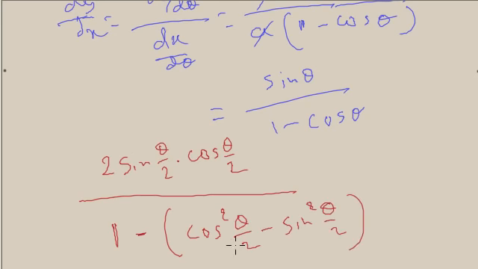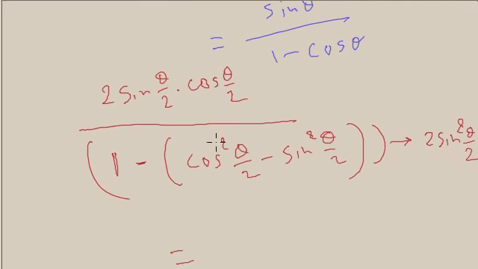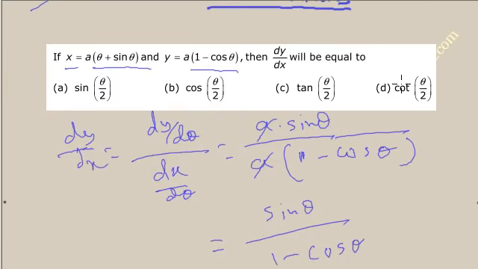So 1 minus cos theta, with minus minus plus, is equal to twice sin square theta by 2. So the 2 cancels, one sin theta by 2 cancels, so this is equal to cos theta by 2 divided by sin theta by 2, that is equal to cot theta by 2. So the answer is this.